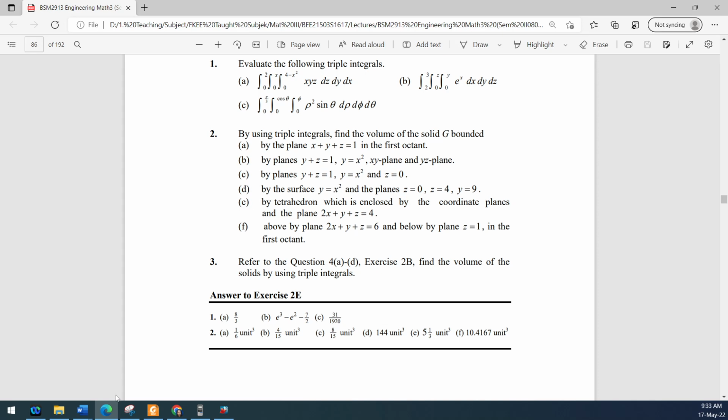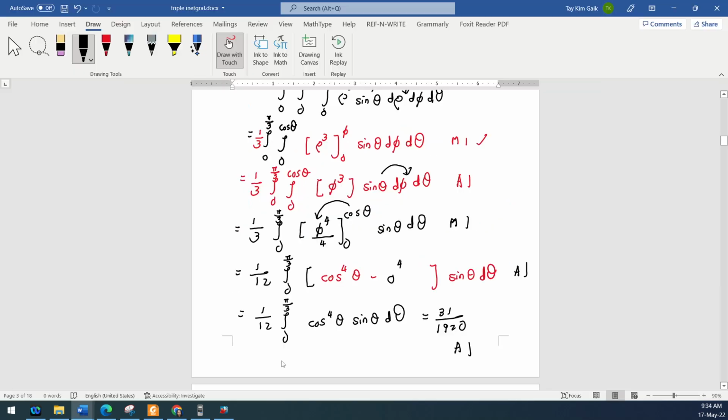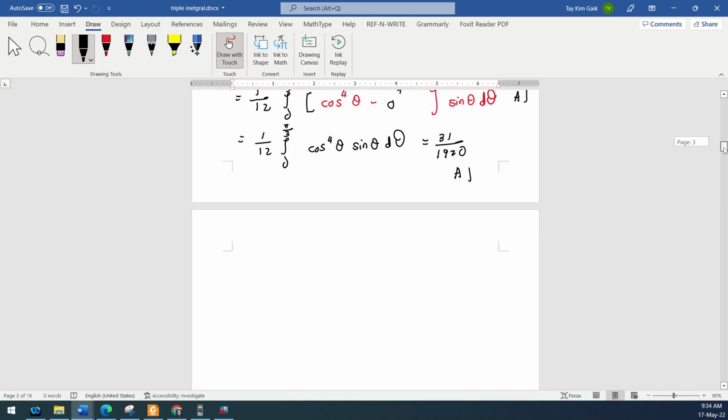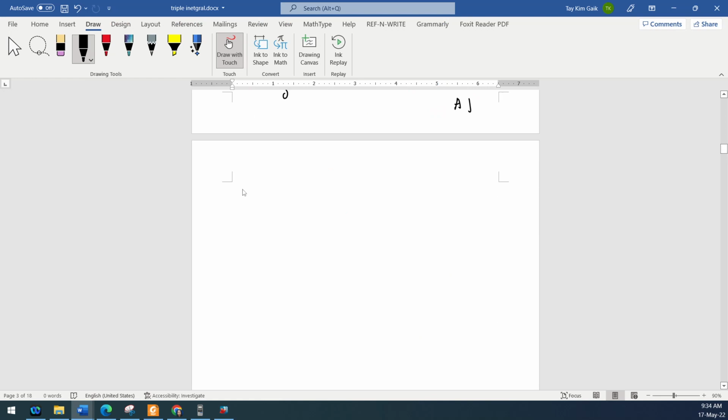First of all, to find the volume, if it is a double integral you can also find the volume.